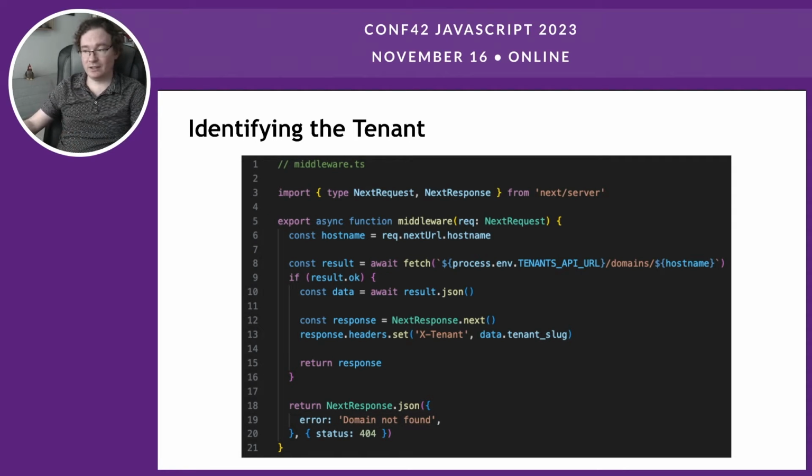One of the questions that people usually ask about this is, is it really performant? Is it a best practice to do fetch requests in middleware? Of course, everything you do here just adds to the latency of that response.